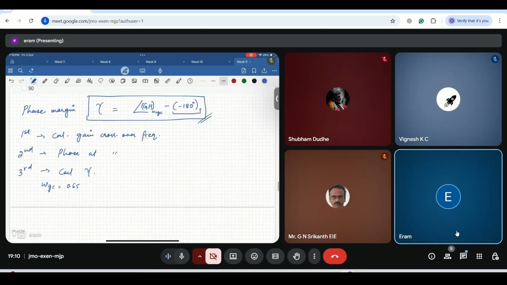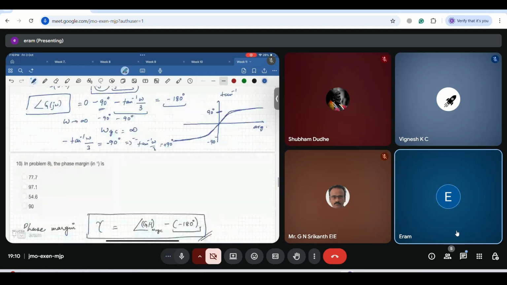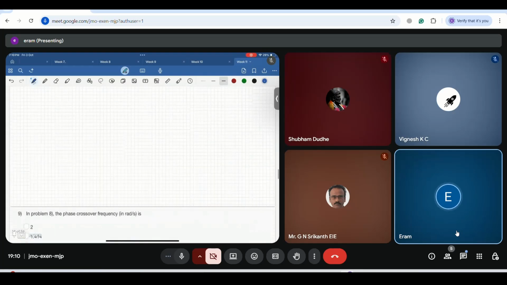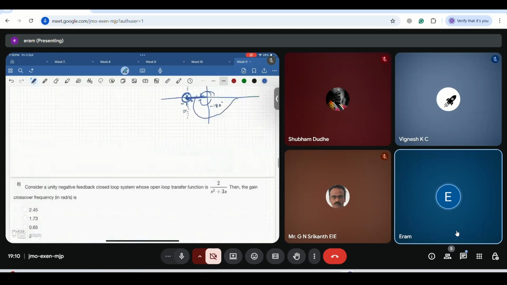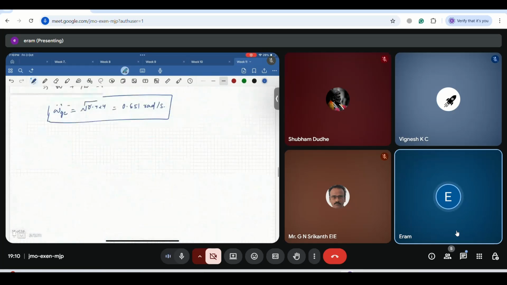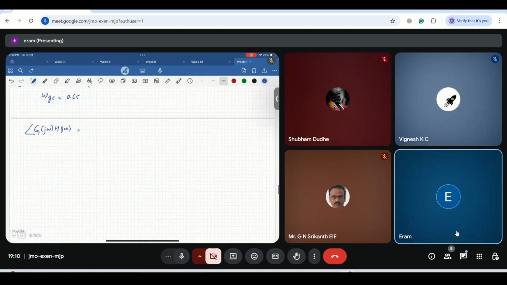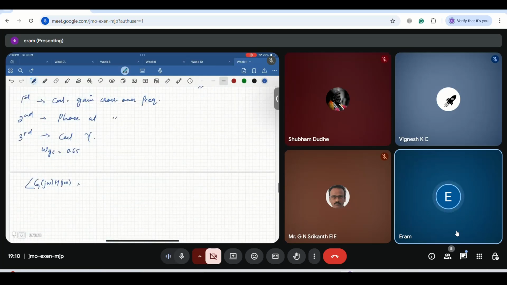And what was the phase of G(jω)H(jω)? For that we need the transfer function. What was our transfer function? It was 2 by s into (s plus 3). So your G(jω)H(jω) was 2 by jω into (3 plus jω).